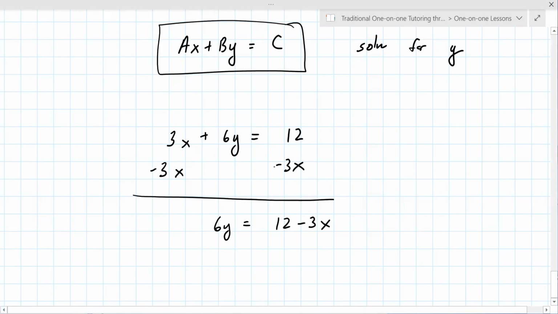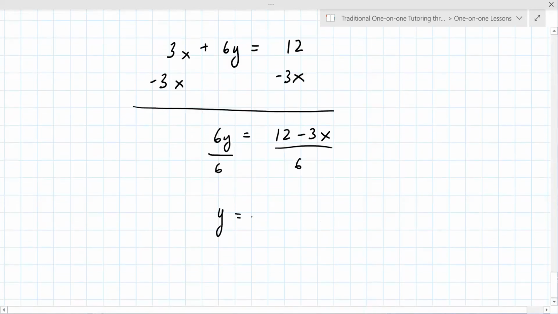Oh yeah. Okay. So the next thing to do is divide by 6. So this gives you y equals 12 divided by 6 minus 3x divided by 6. And then you can divide each of these. So 12 divided by 6 is 2, 3 divided by 6 is 1/2, and this is your final answer.